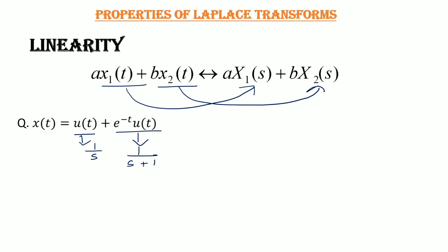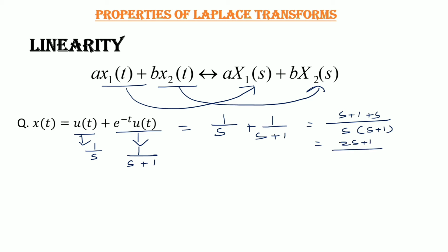So the Laplace transform of both signals will be 1 by s plus 1 by s plus 1, and we have (s plus 1 plus s) divided by s(s plus 1). So it will be (2s plus 1) divided by (s square plus s) will be the Laplace transform according to this. Got it? It's very easy.